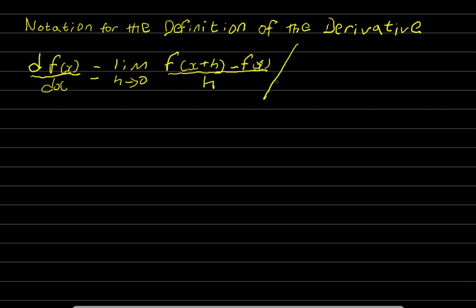What I mean is that df(x)/dx is equal to the limit as delta x approaches 0 of f(x plus delta x) minus f(x), all over delta x.